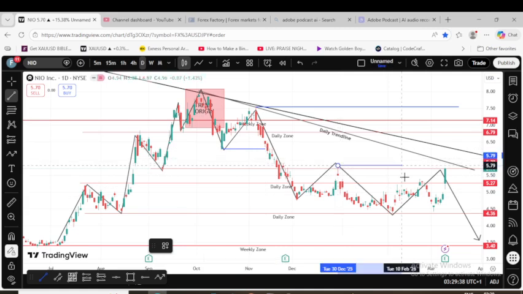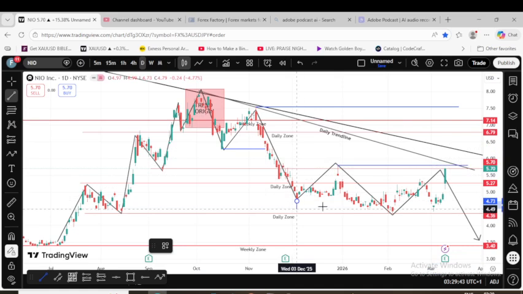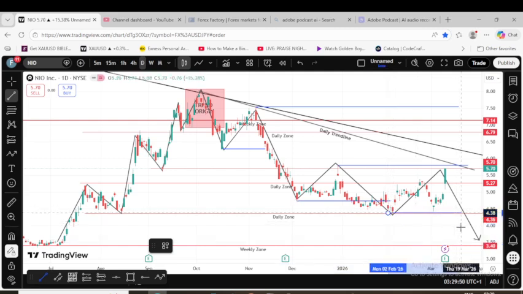Here we have another lower high. This should be our presumed lower high.